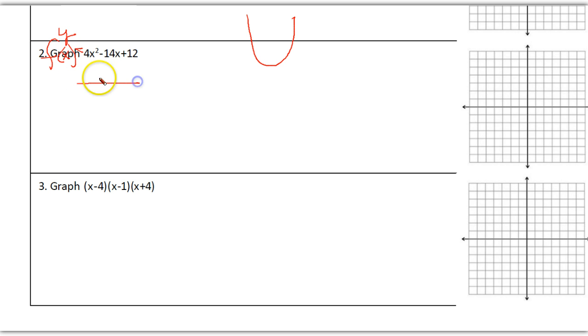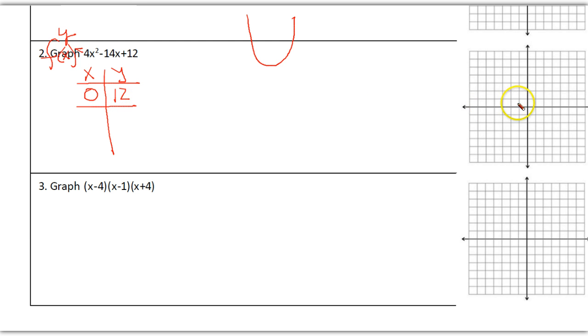And if we put in 1 point and x is 0, we get to see our y-intercept. That is, if x is 0, this will be 12.